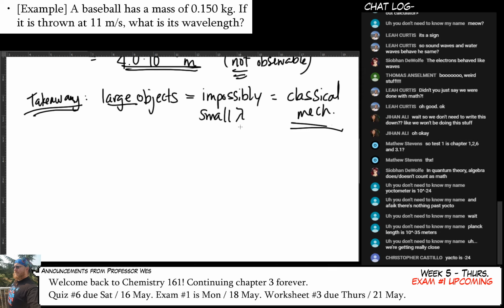So large objects have impossibly small wavelengths, so they follow classical mechanics. But atomic objects... And anything that's not an atomic object is a large object for the purposes of this discussion. So like atoms, electrons, protons, neutrinos, etc. And I'm almost reluctant to put atoms in here.